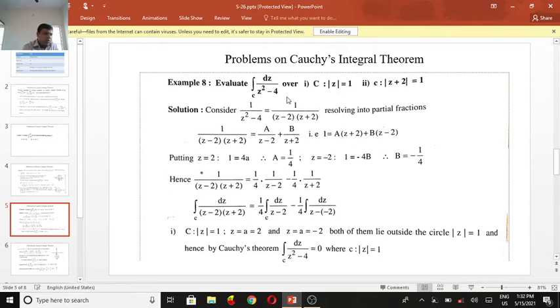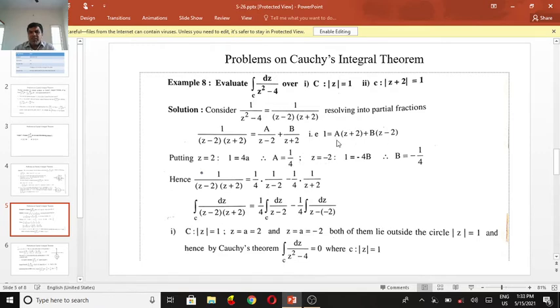So 1 is equal to A(z + 2) + B(z - 2), all divided by (z - 2)(z + 2). Using substitutions, if you put z = 2, B is eliminated, so we get 1 is equal to 4A, so A is 1 by 4.